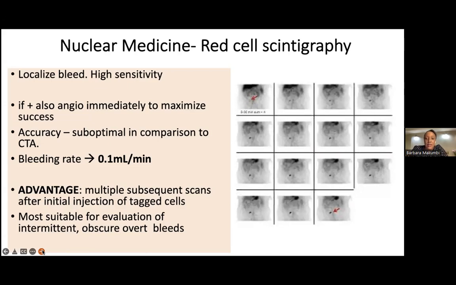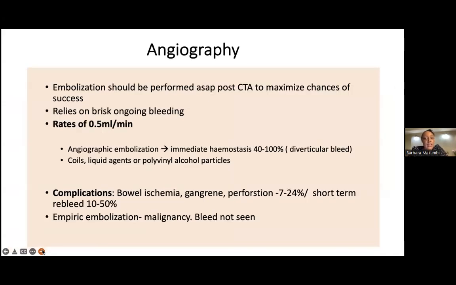And then in terms of angiography, this is diagnostic and can be used for intervention as well. The rate of bleeding that can be found with angiogram is 0.5 ml per minute. So you can have embolization, and they use coils, liquid agents, as well as alcohol particles.